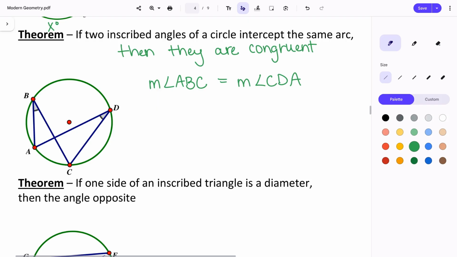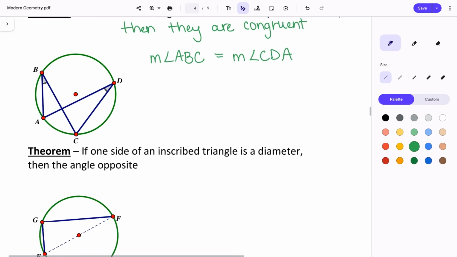So if you knew how much angle D was, you would be able to find the measure of the arc, and you'd be able to find the measure of that angle using the relationships that we've been talking about. Knowing which ones would be equal, knowing that we maybe need to double a measurement to get to the arc, or again, if they gave you the arc, you would know how to find both of the angles there.